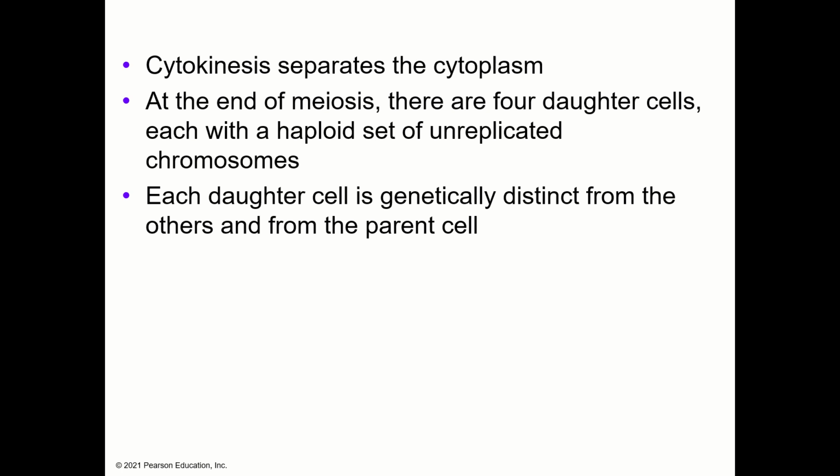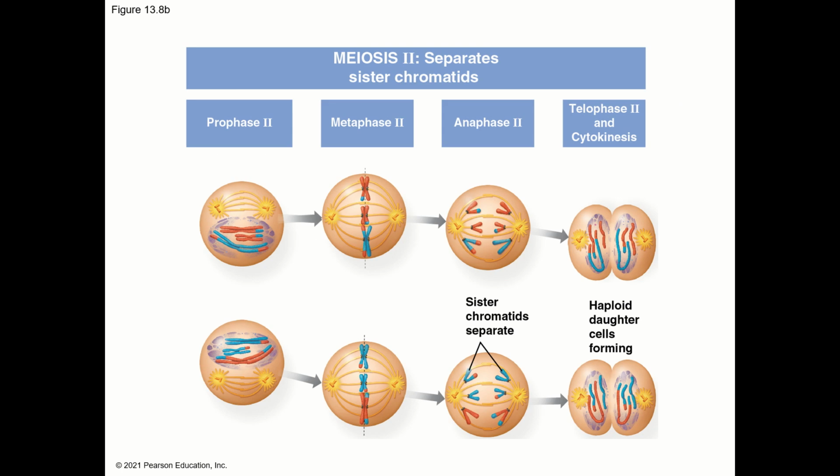Cytokinesis separates the cytoplasm. At the end of meiosis, there are 4 daughter cells, each with a haploid set of unreplicated chromosomes. Each daughter cell is genetically distinct from the other and also from the parent. And here we have a graphic showing Meiosis II from prophase, metaphase, anaphase, and telophase II, and the cytokinesis stage in Meiosis II.